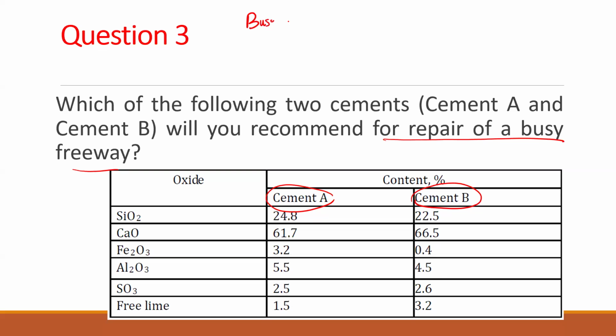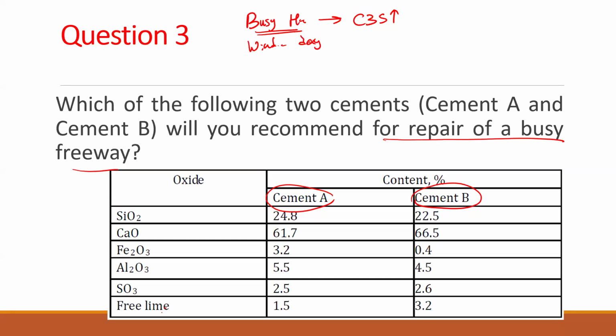One with more C3S. Yes, so we need to have more C3S. It can be a busy highway, or it can be for any construction on a cold winter day. Why is that? On a winter day, the environment is cold. Naturally it will take a long time to get hardened.